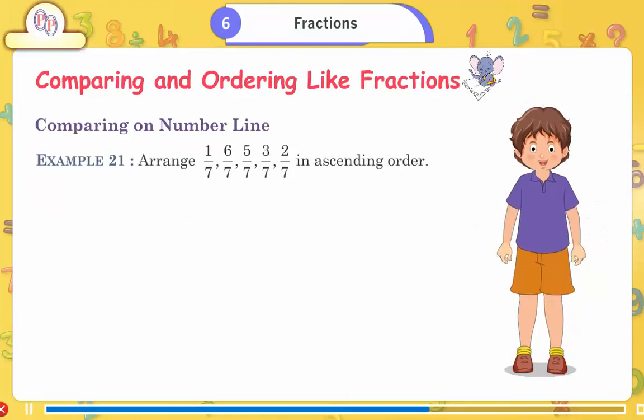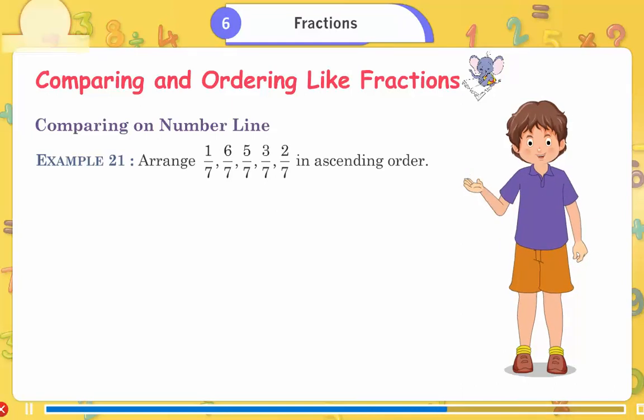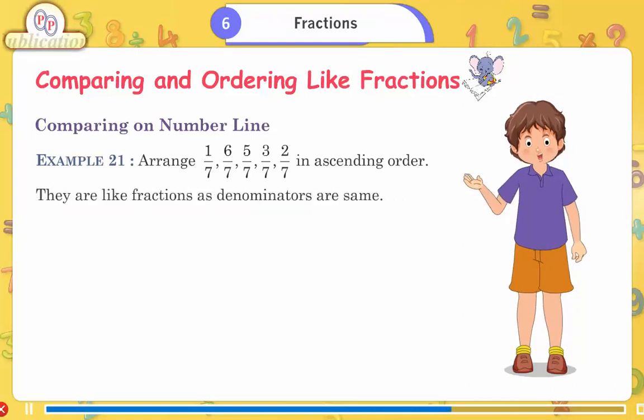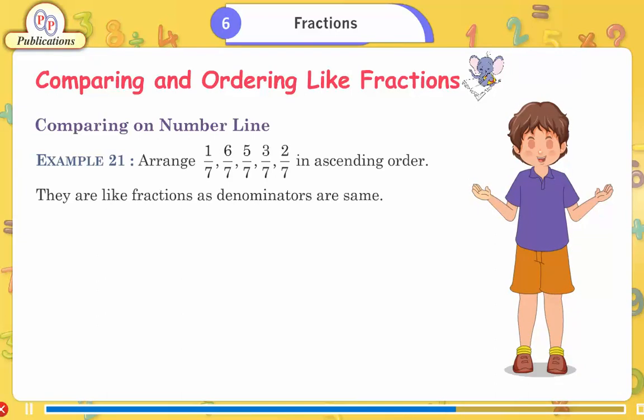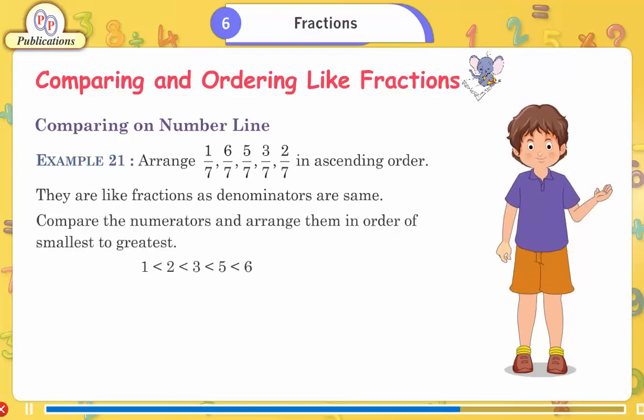Example 21. Arrange 1 upon 7, 6 upon 7, 5 upon 7, 3 upon 7, 2 upon 7 in ascending order. They are like fractions as denominators are same. Compare the numerators and arrange them in order of smallest to greatest. 1 is smaller than 2, 2 is smaller than 3, 3 is smaller than 5, 5 is smaller than 6.